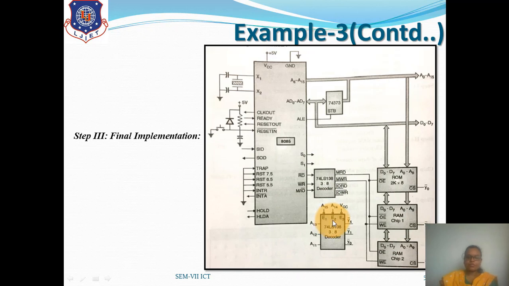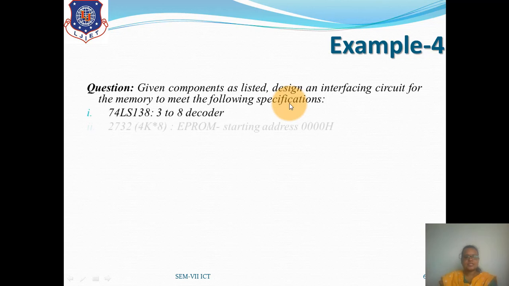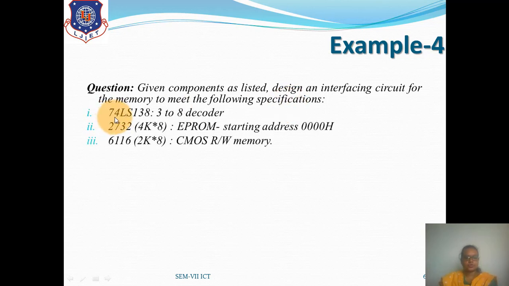Clear? Now in the next example, that is example 4. Given components as listed, design an interfacing circuit for the memory to meet the following specifications. The specifications are given as follows. First of all, it is given as IC 74LS138, that is a 3:8 decoder IC.